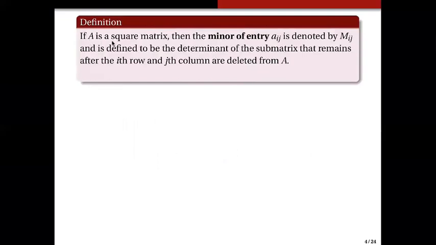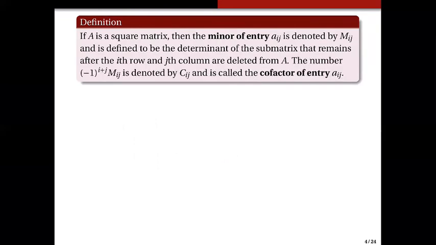Now, if A is a square matrix, we define the minor entry of aij, which we denote by Mij, and this is obtained by getting the determinant of the submatrix that remains after the ith row and the jth column are deleted from A. We also define the cofactor entry of aij, and this is the number -1 raised to i plus j times capital Mij.